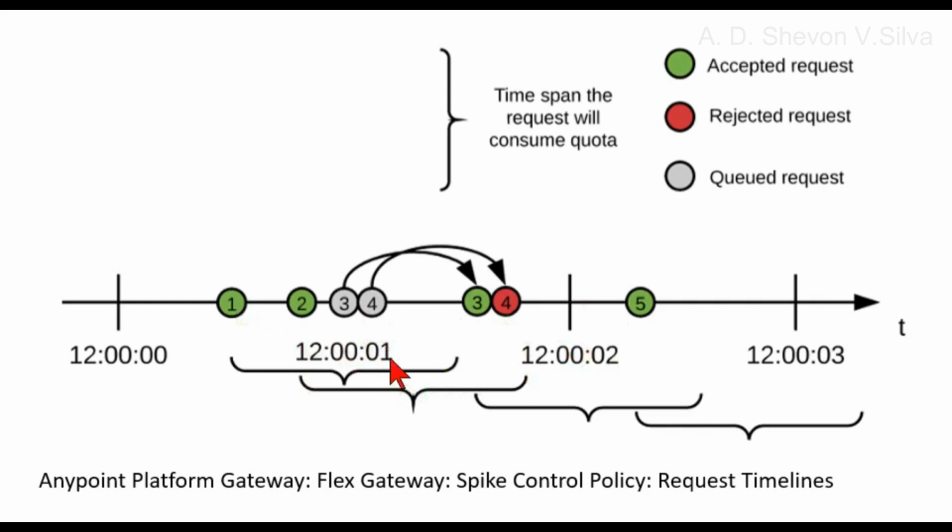The queued request 3 is an accepted request, and here the queued request 4 is a rejected request.